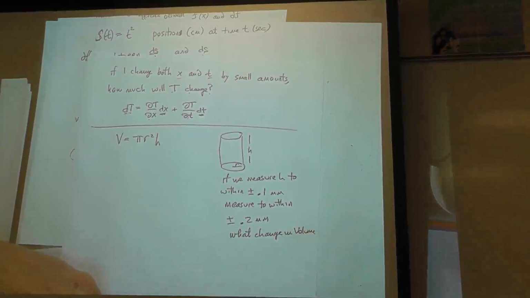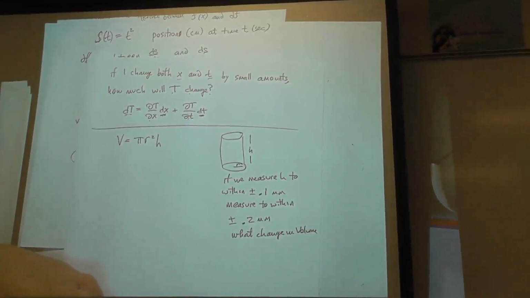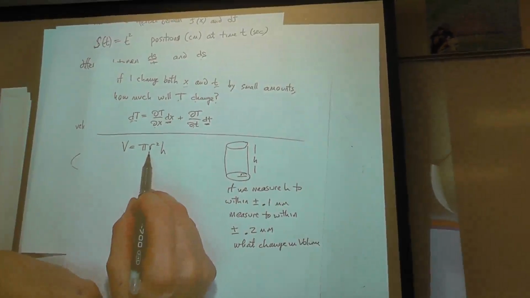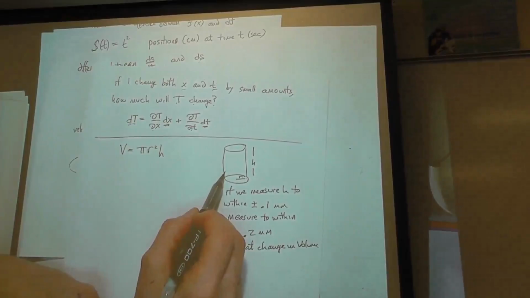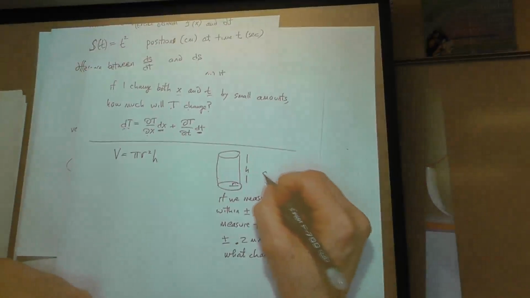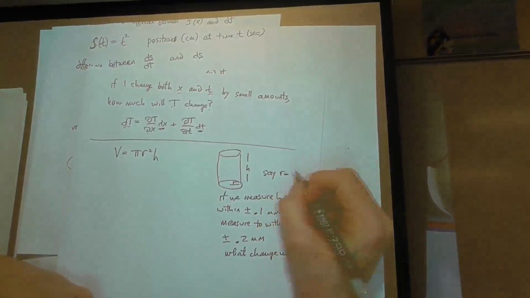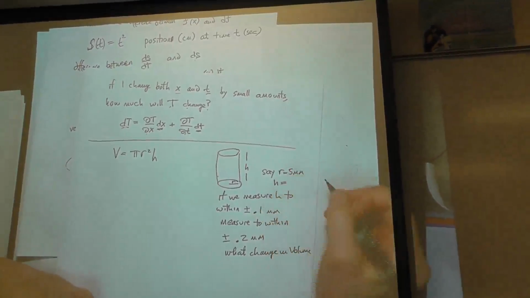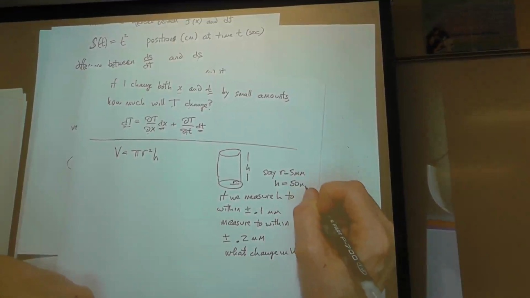Very small, but we can be more precise. Now, to get that level of precision, I would need to know what r and h are. So let's just say r is 5 millimeters and h is 50 millimeters.